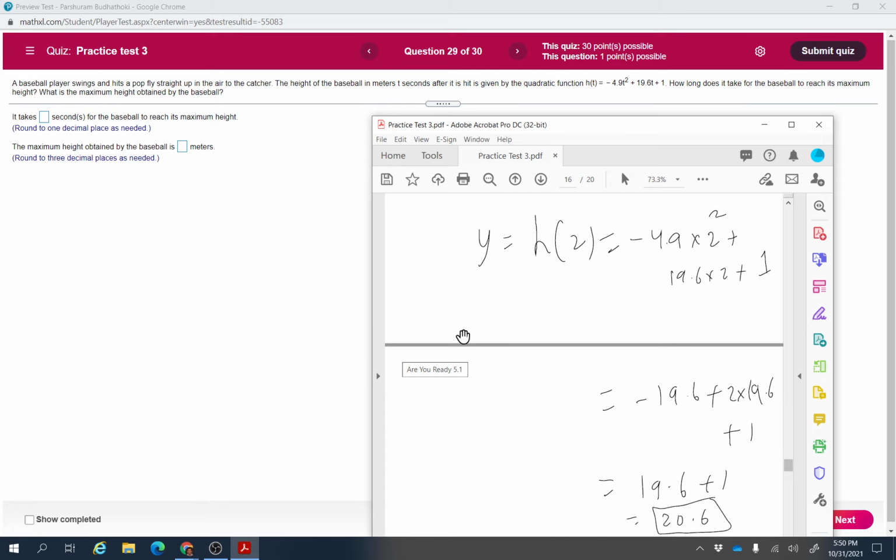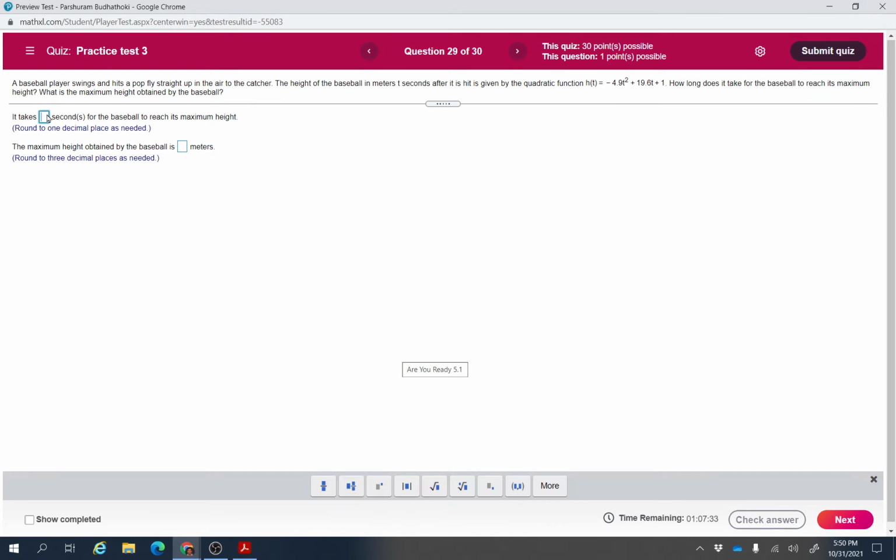That's the height. So we know the vertex of this height function: t equal to 2, and the height is 20.6 meters. To answer this question, we can say it takes 2 seconds, and the height is 20.6 meters. We just have to find the vertex.